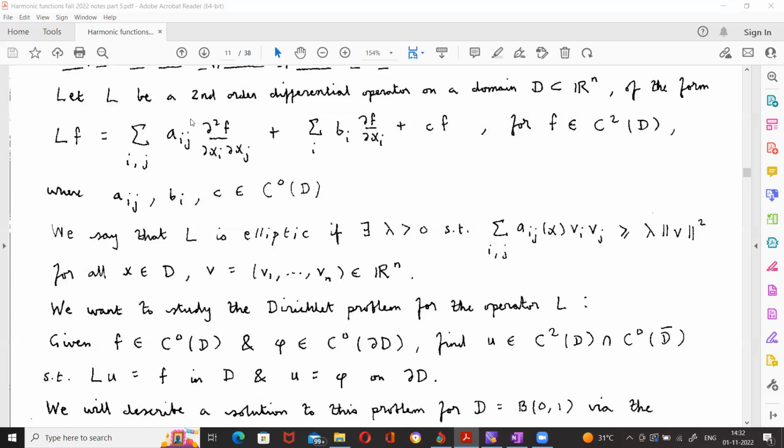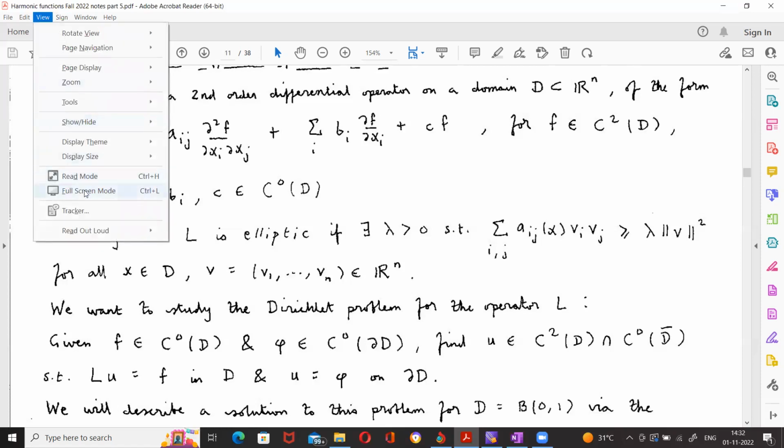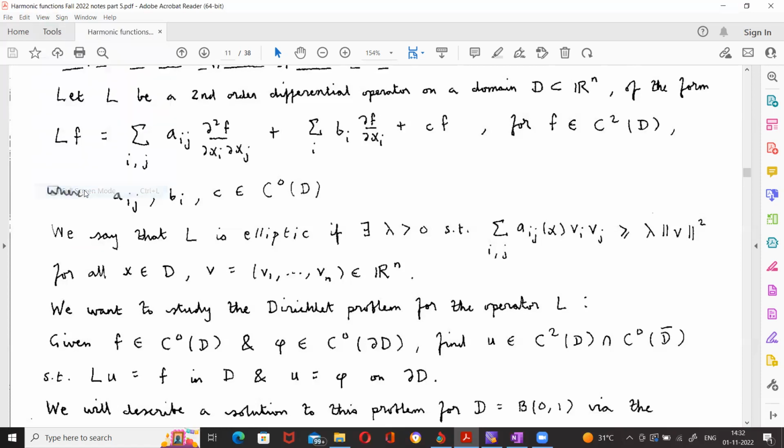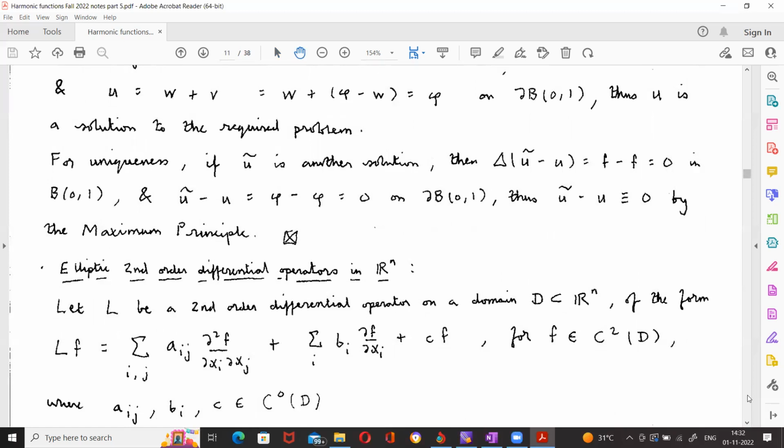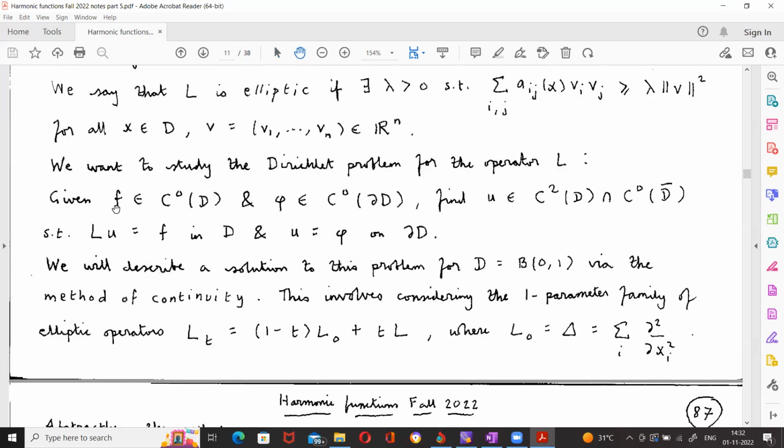Okay. So we want to study the Dirichlet problem for the operator L. Well, we want to study it really for the Poisson equation, the inhomogeneous Laplace equation.